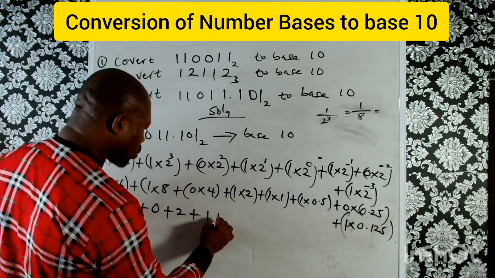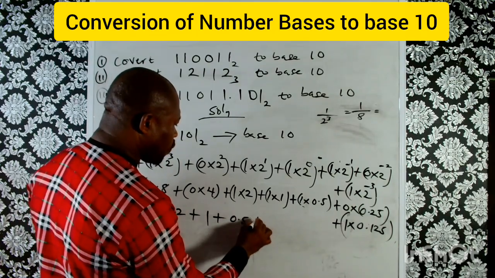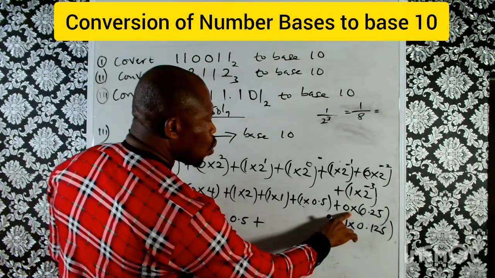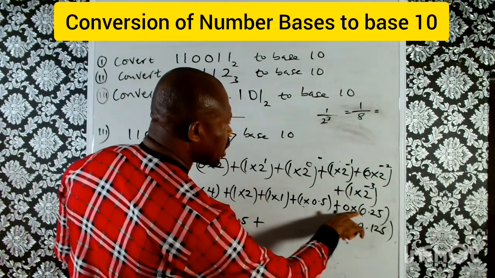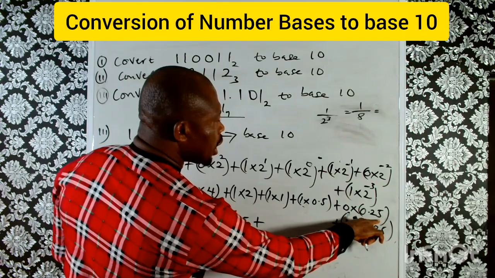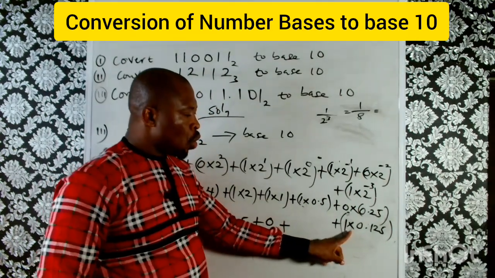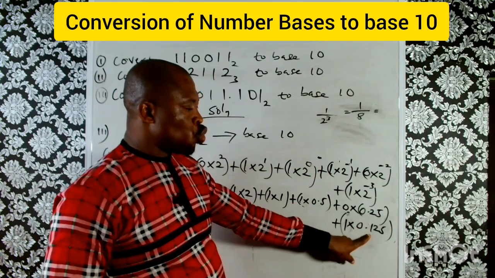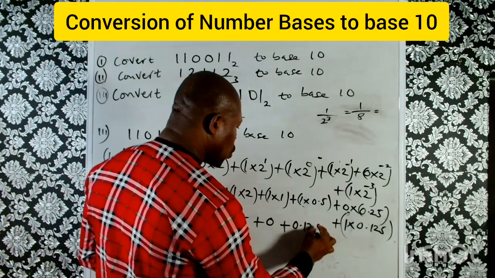Plus 1 times 0.5 is 0.5, plus 0 times 0.25 will give us 0, plus finally 1 times 0.125 will give us 0.125.